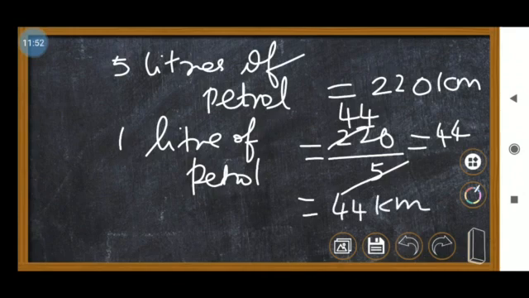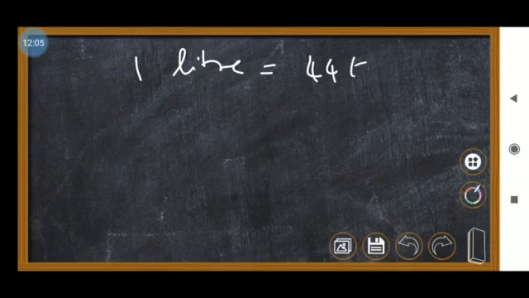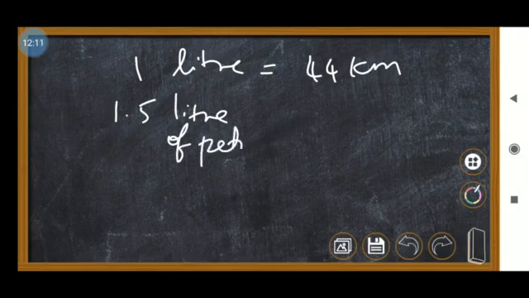Okay, so the next thing we have to find is for 1.5 liters of petrol. 1 liter is 44, so 1.5 liters of petrol means 1.5 into 44.